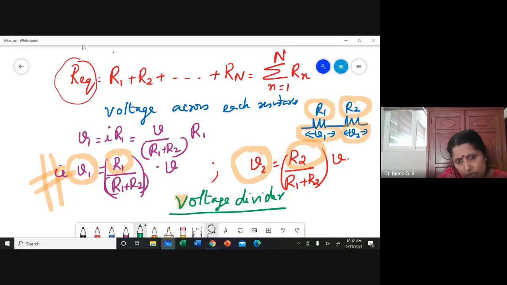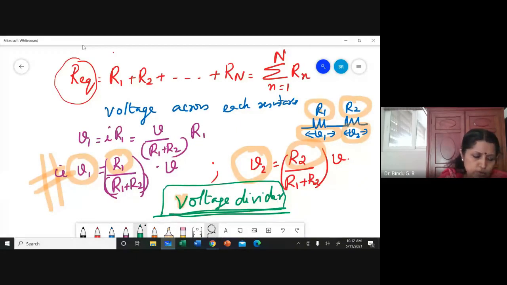In some cases, you may require some voltage to be applied to one network, and another voltage to be applied to another network, but you have only one source. Then you use something known as a voltage divider. This is the property that is being used in a voltage divider.